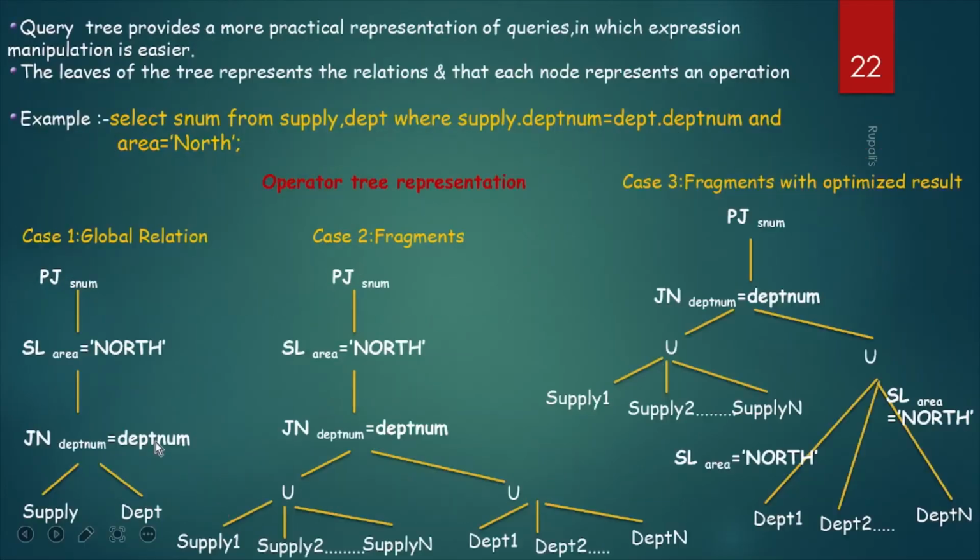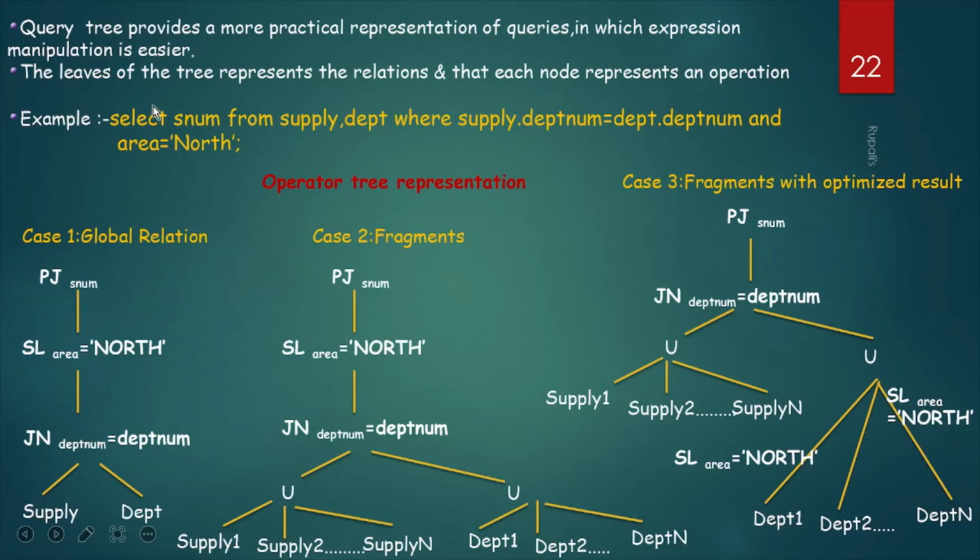We already learned that the query tree provides a more practical representation of queries in which expression manipulation is easier. In the query tree, the leaves represent the relations and each node represents an operation.